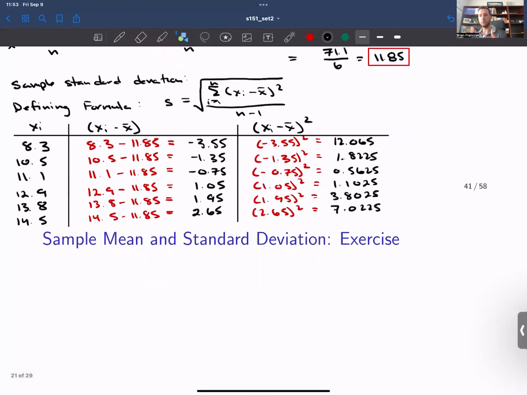Now, all we have to do is take what we have calculated here and plug it back into our formula for sample standard deviation.